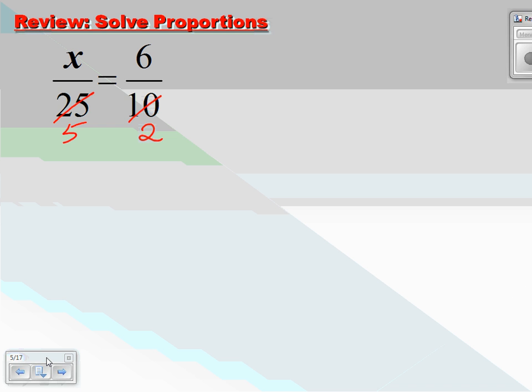The biggest number that goes into 6 and 2 is 2. 2 divided by 2 is 1. 6 divided by 2 is 3. Now at this point, I will cross multiply. 1 times x is x. 5 times 3 is 15. So the answer for this particular problem is x equals 15. I'm hoping you also got this, since you've seen this problem several times.